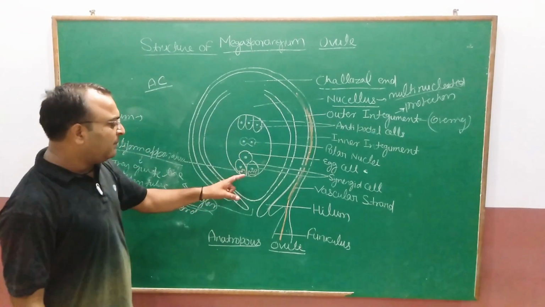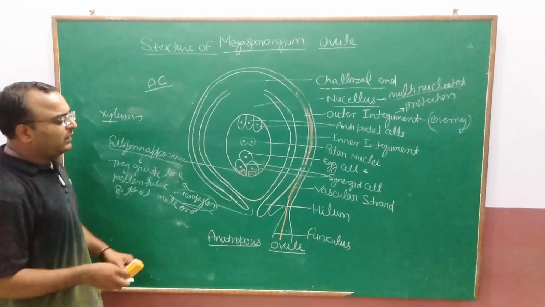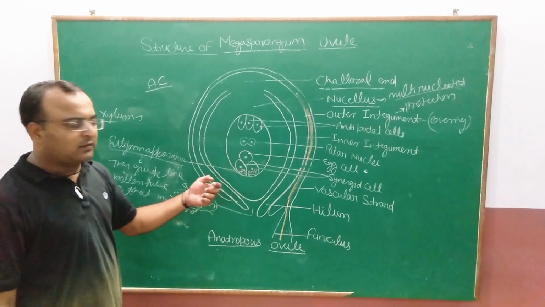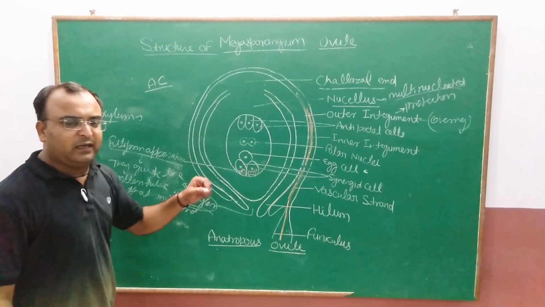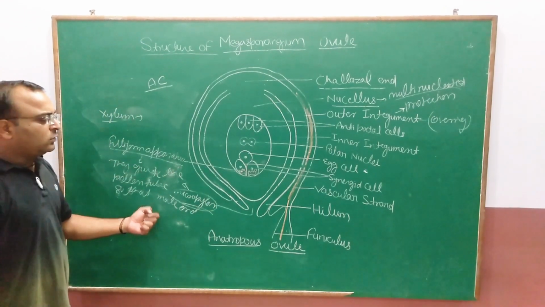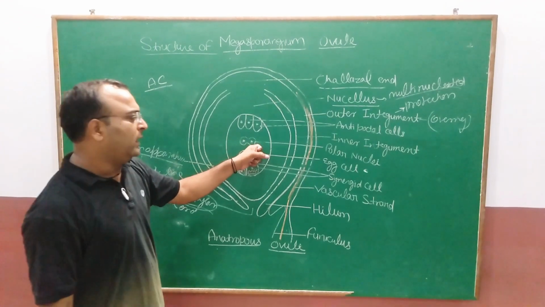So this is the main function of the क्या? Filiform apparatus. Now in question in academic they can ask what is the function of the filiform apparatus. तो filiform apparatus का function क्या होगा कि they guide these are the finger like projections which guide the pollen tube so that the male gamete will reach to the egg cell as well as centrally placed 2 polar nuclei.